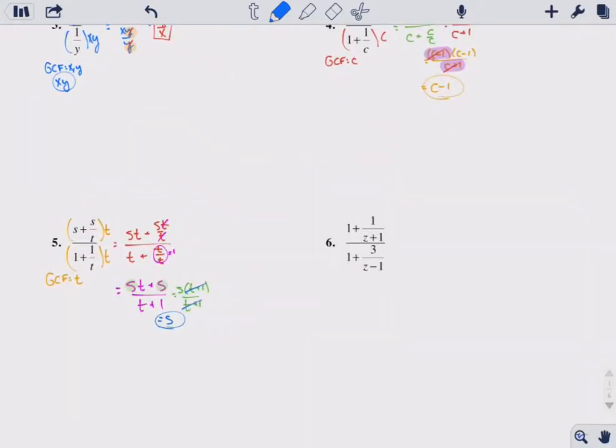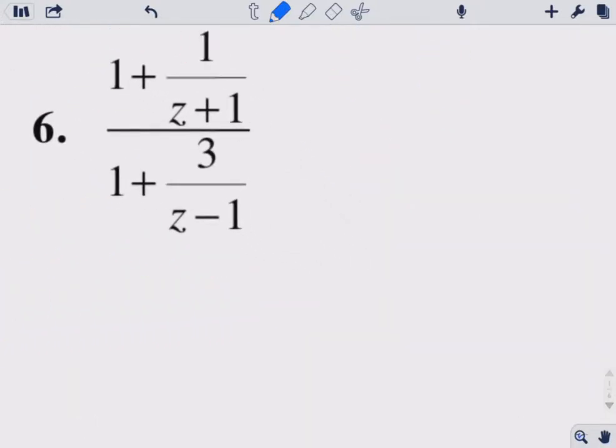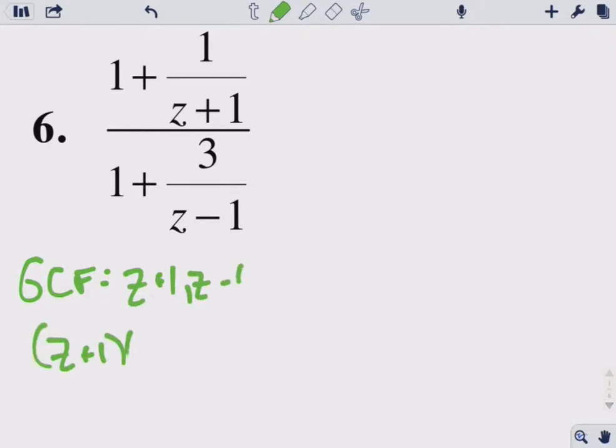Okay, last one: z plus 1, z minus 1. Again, find the GCF of z plus 1, z minus 1. Well, that's the product of z plus 1, z minus 1, which, if y'all remember, that's z squared minus 1.